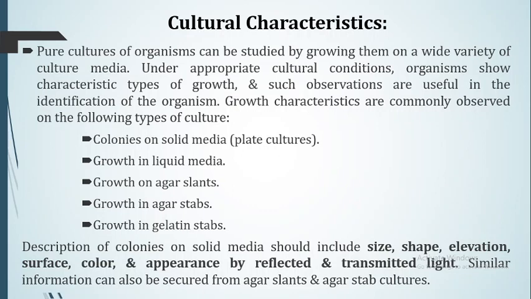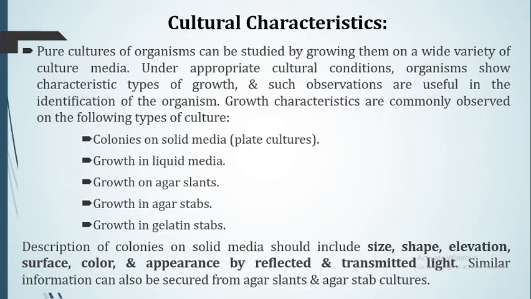A pure culture of organisms can be studied by growing them on a wide variety of culture media. Under optimum cultural conditions, organisms show characteristic types of growth, and such observations are useful in the identification of the organism.